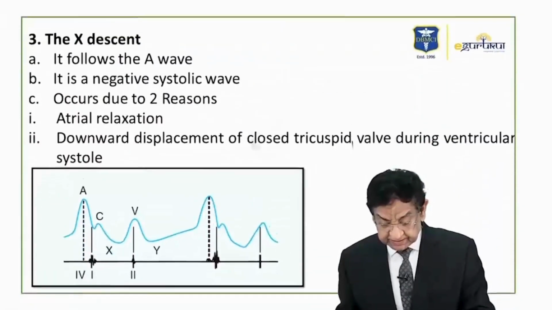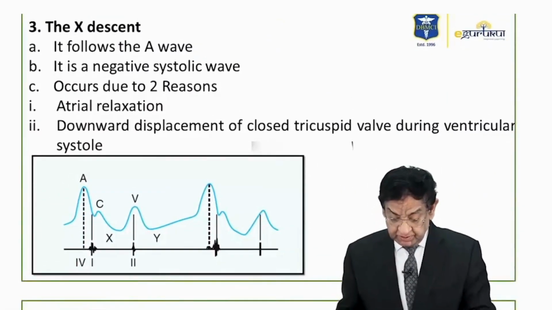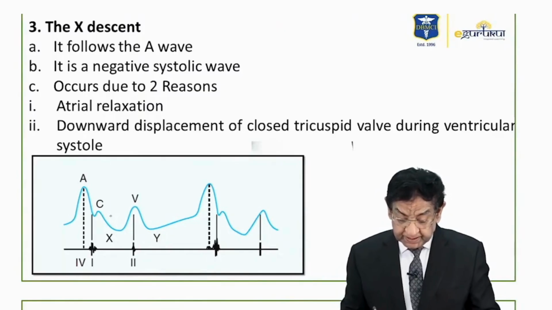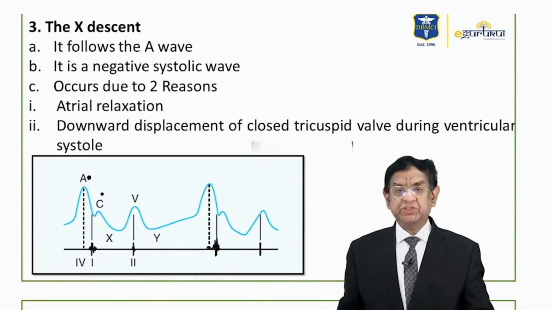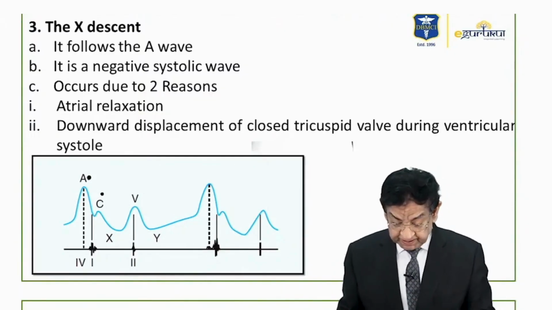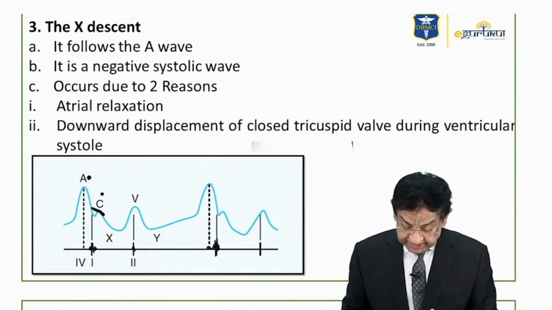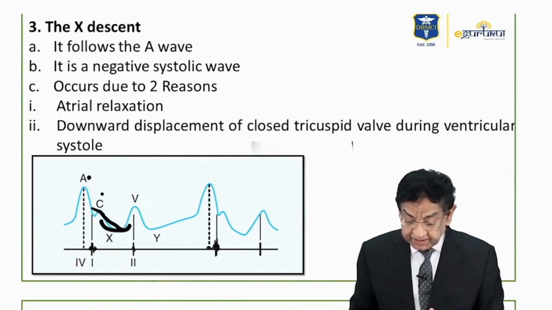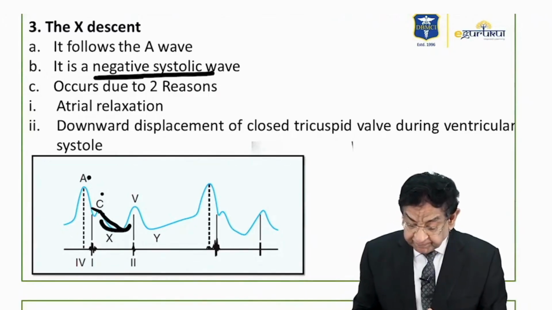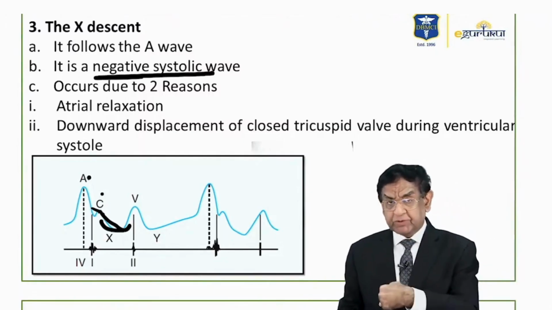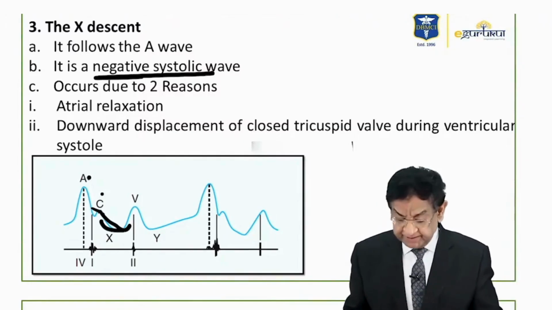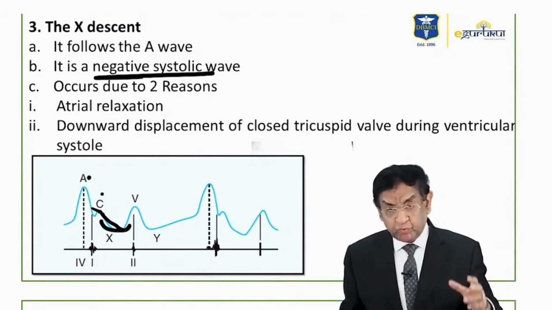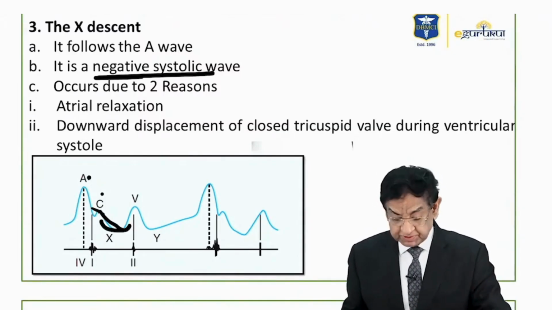X descent. Well, now this was A wave and we got a very short period of C wave. After that, this X descent is coming like this. It is a negative wave. Going down is a negative wave, definitely. Now why is it getting produced?